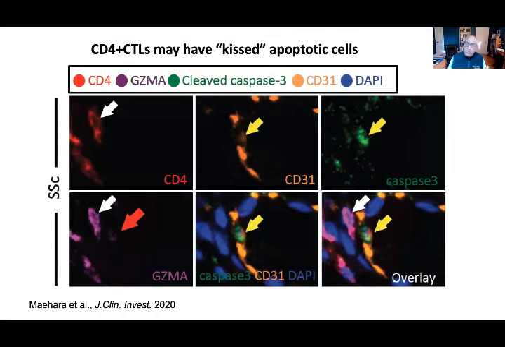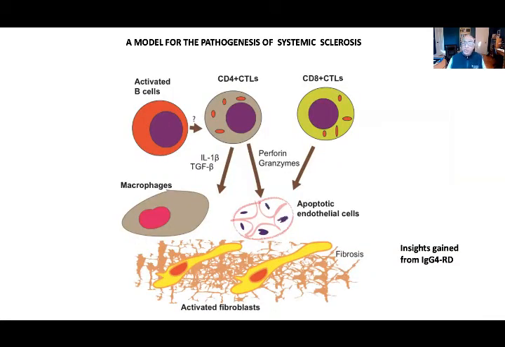So then if I give you a model for systemic sclerosis, the model says that cytotoxic cells, mainly CD4-CTLs, may induce perforin and granzymes, target some antigen, obviously very important to know what the antigen is, in an endothelial cell, and the endothelial cells now undergo apoptosis. In this context, there is some role, we think, for activated B cells in the process.